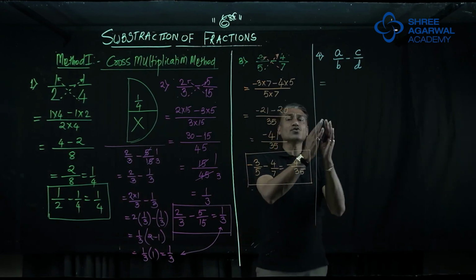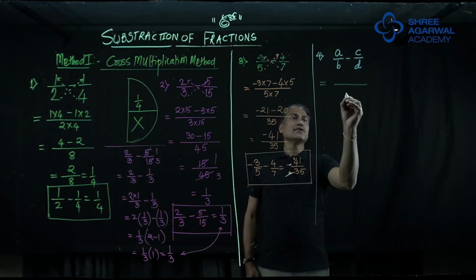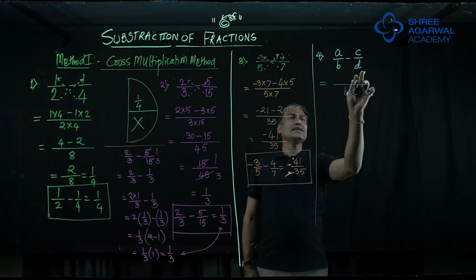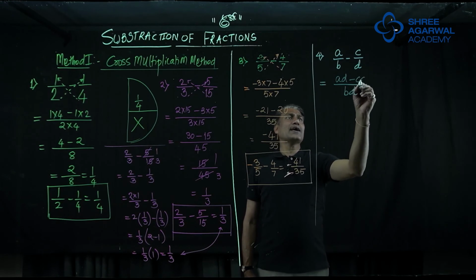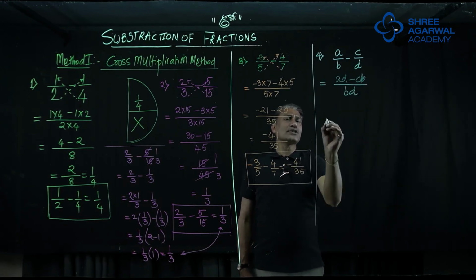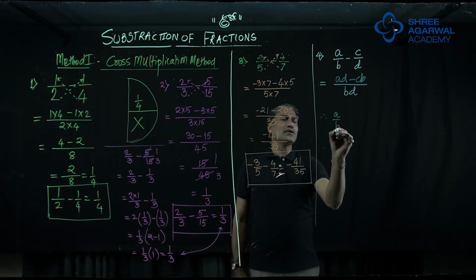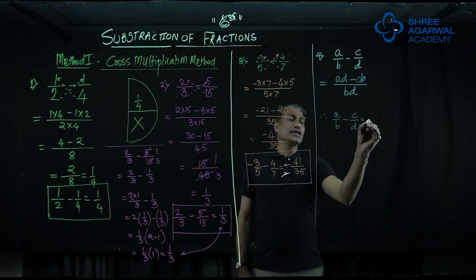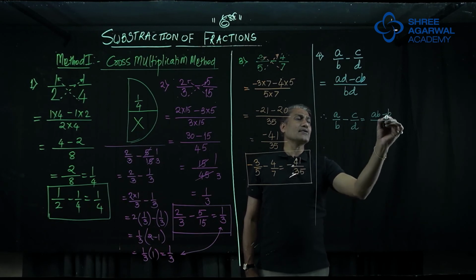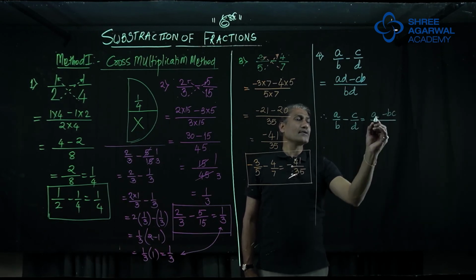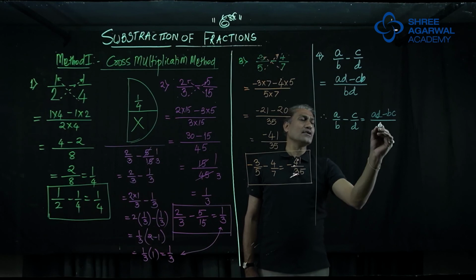We can make these two fractions into one as bd, cross multiply ad minus cross multiply cb. So therefore a upon b minus c upon d is equal to ad minus bc upon bd.